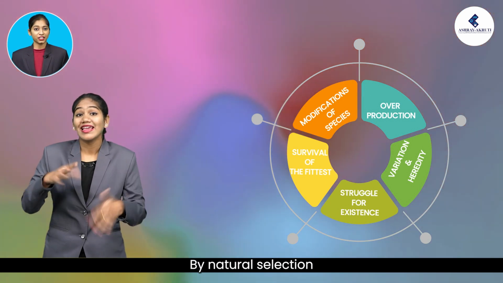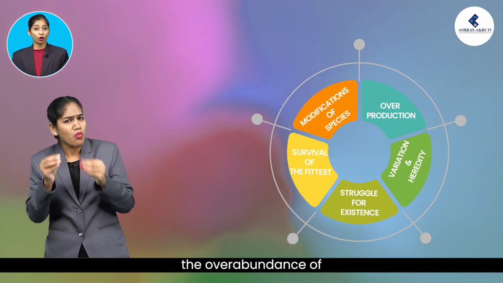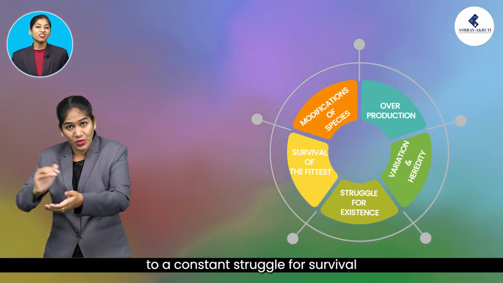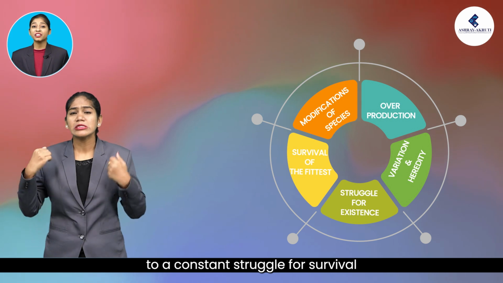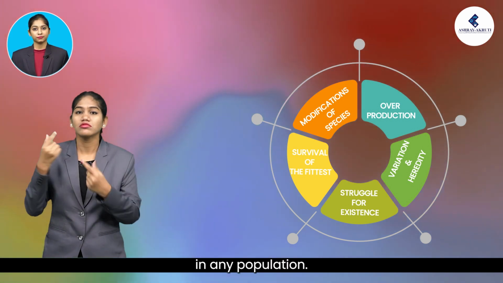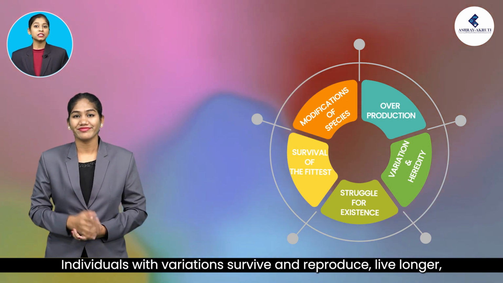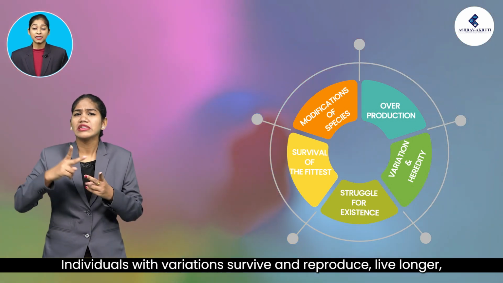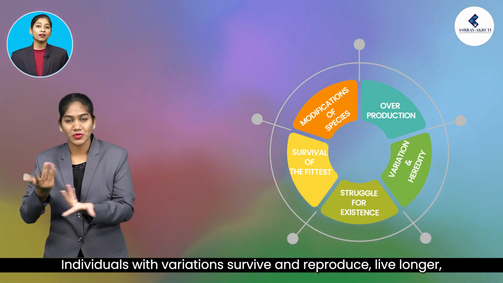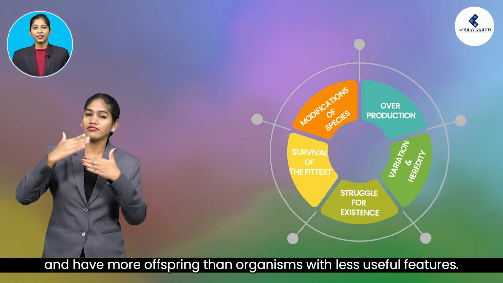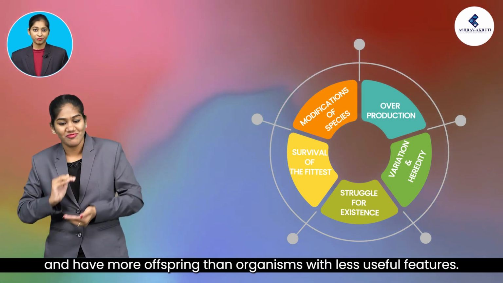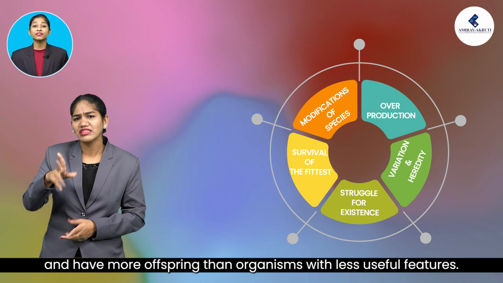By natural selection, the overabundance of offspring leads to a constant struggle for survival in any population. Individuals with useful variations survive and reproduce, live longer, and have more offspring than organisms with less useful features.